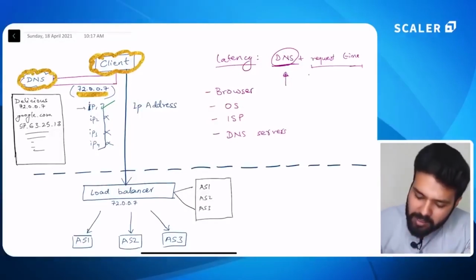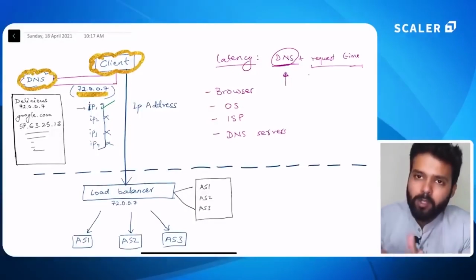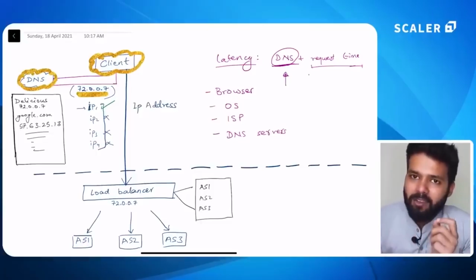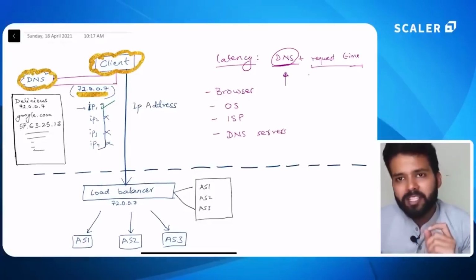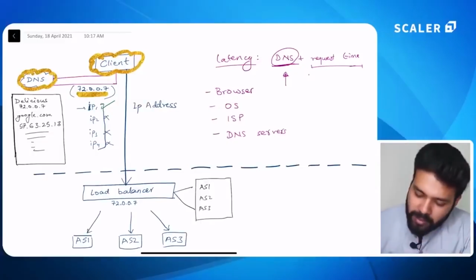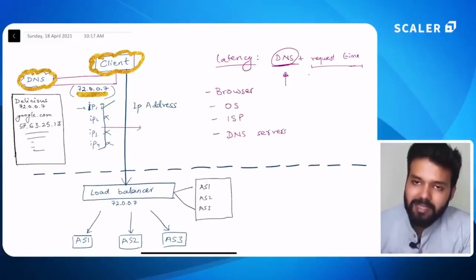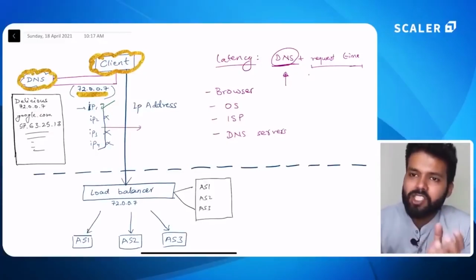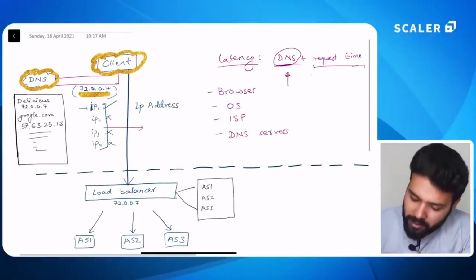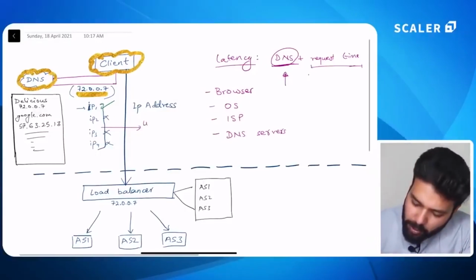So if I return the same IP list to every client, I will be gated by a limitation that every client will try to connect to the same IP. What DNS does is, instead of returning the list like this, it returns the list in a shuffled order, meaning that it is very much possible that user 1 gets a list like IP1, IP2, IP3 and so on.